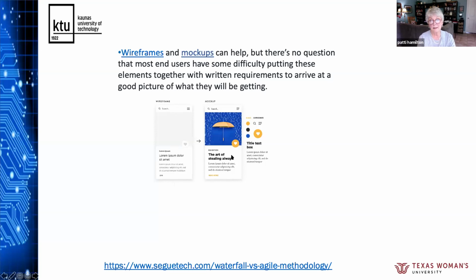Whereas a mock-up has a lot more detail and would be a lot easier for somebody to see how this would actually work in their environment. So you may hear the words wireframe and mock-up.